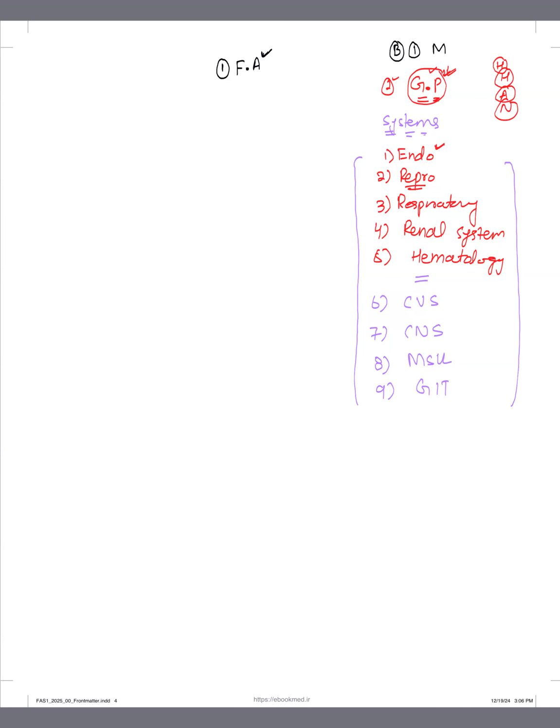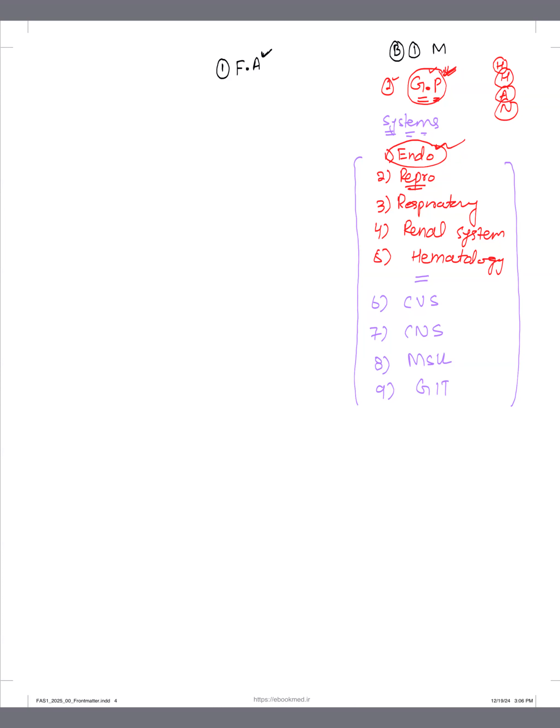After completing general pathology, we will start from the endocrine system. Then we will again cover the important and high yield topics which you are going to get in UWorld and again MBOS or NBMEs. After completing endo, we are going to start the reproductive system. So this is the sequence which we will follow in this course.